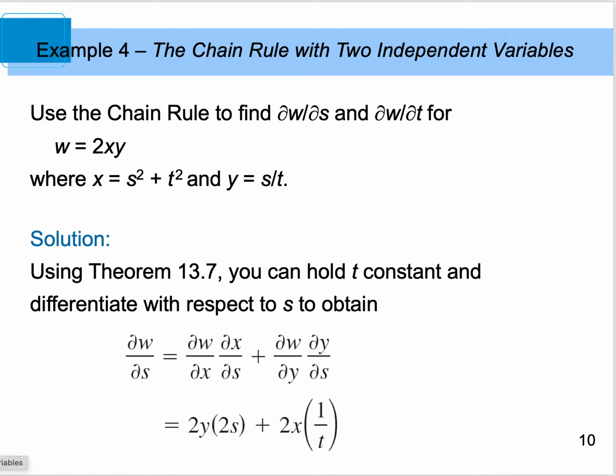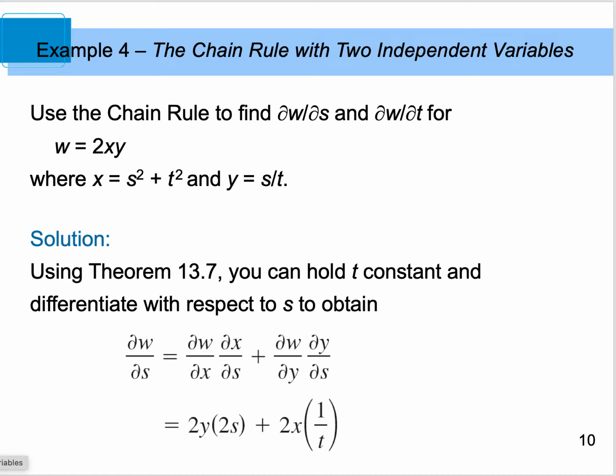So here, another example, we're going to try one with 2 independent variables. So we're going to use the chain rule to find dw ds and dw dt for w equals 2xy. So here, x is s squared plus t squared, 2 variables there. y is s over t, so 2 variables there. Using this theorem, I can hold t constant and then differentiate with respect to s.